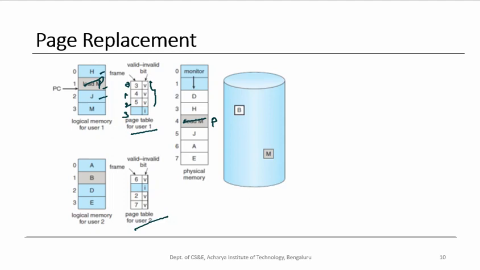Similarly here, page 0, page 2 and page 3 of the process of user 2 are present in the physical memory. Now let us assume that there is no free frame available in the main memory. You are seeing that there is no free frame available.